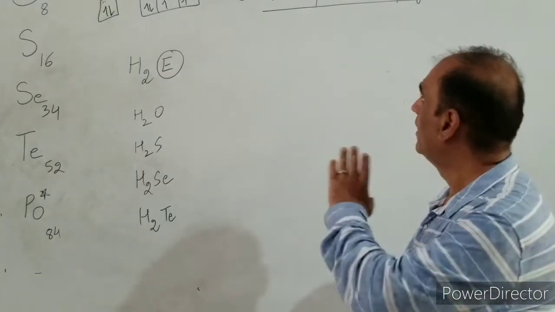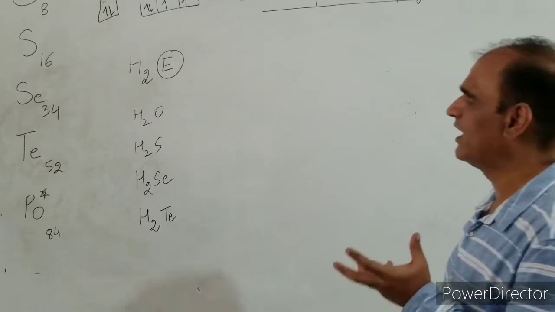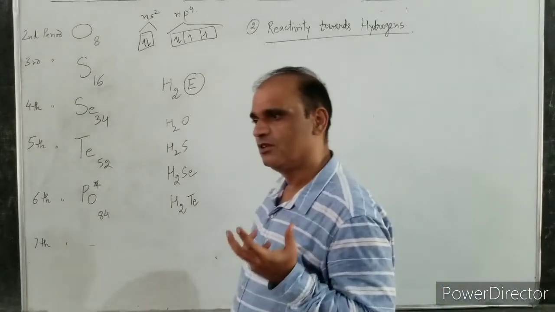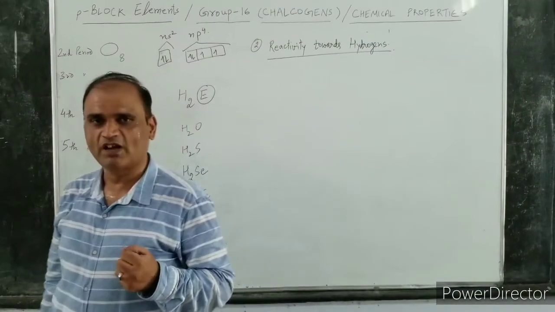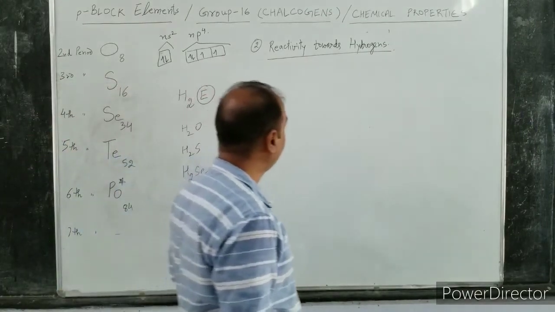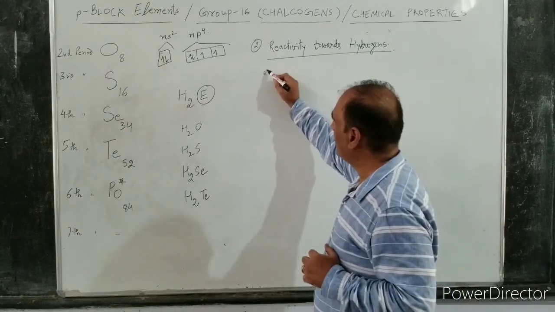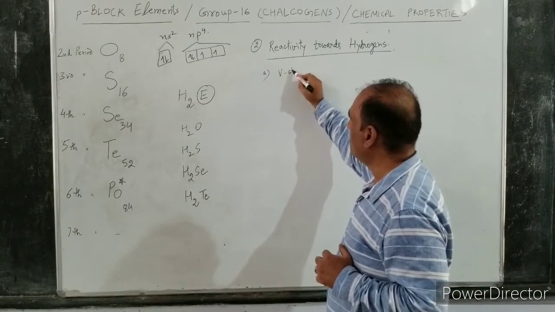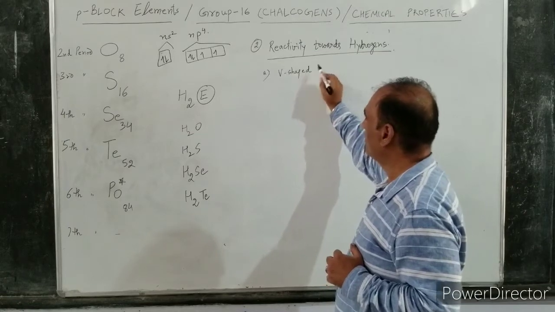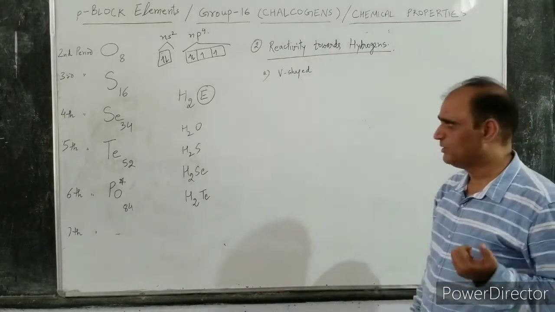And about these hydrides, we have some 6 or 7 important concepts which are often asked in exams, and these are very scoring. For example, the first question is that all these hydrides have a V-shaped or bent structure. What is the reason for that? Very simple.